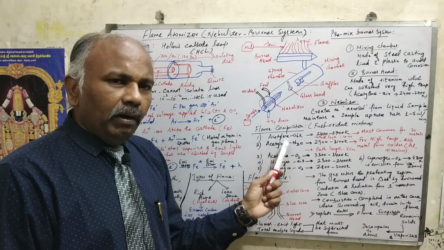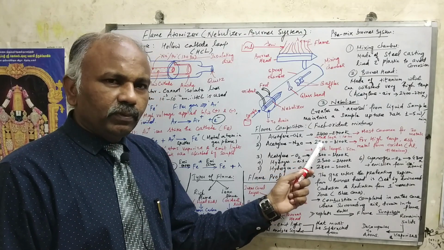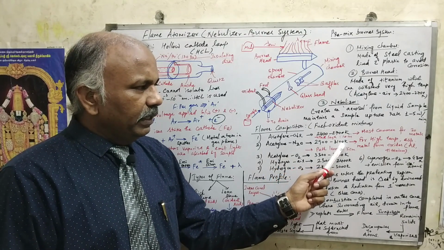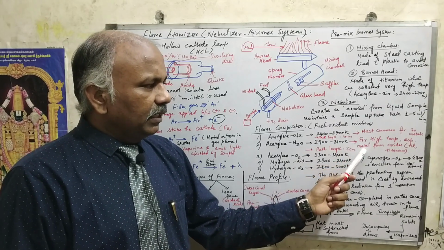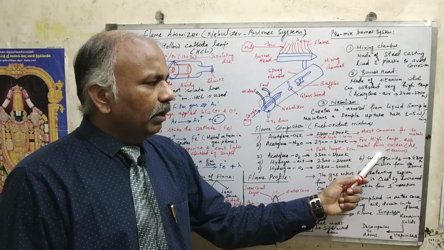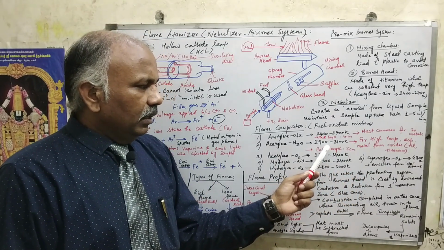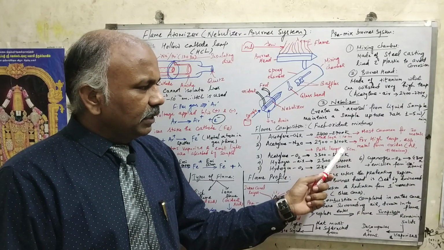The second important mixture is acetylene with nitrous oxide. Temperature ranges from 2900 to 3100 Kelvin, especially for high temperature metals that form metal oxides, like aluminum and titanium. The path length of this flame is 5 centimeters.